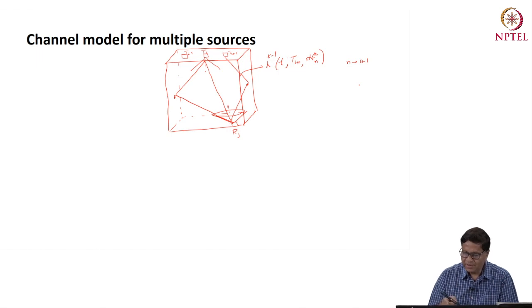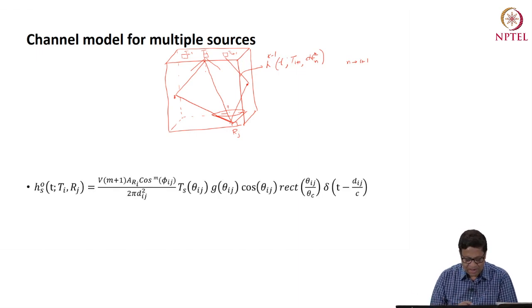So if I try to write the channel model for such a case, this is the multiple source case, but there is only one receiver. So this can be written as, for the line of sight, HS0 t of say source Ti, Rj as before. This is your visibility factor depending upon the blockage, either 0 or 1.